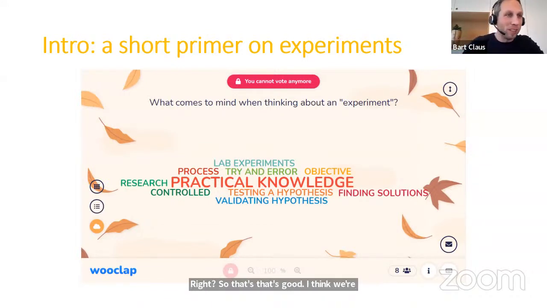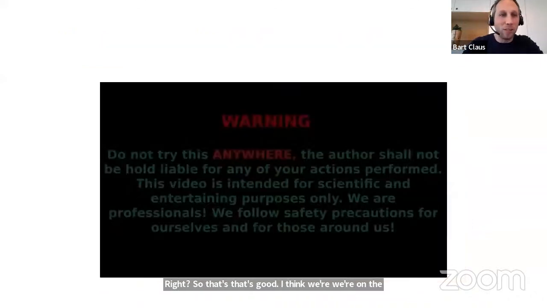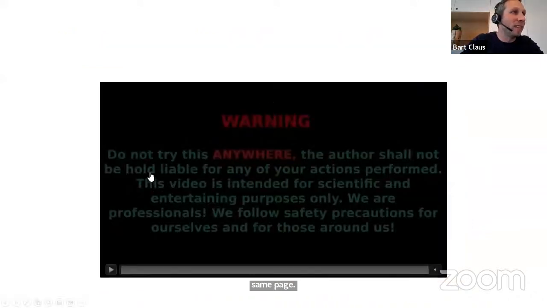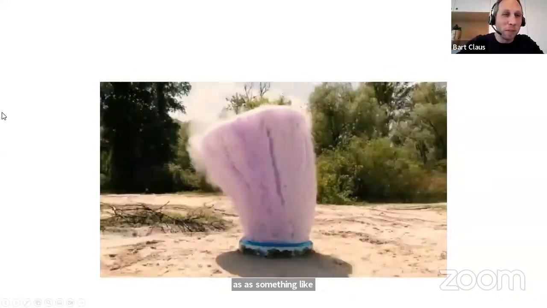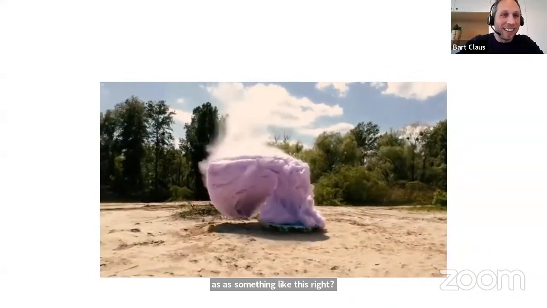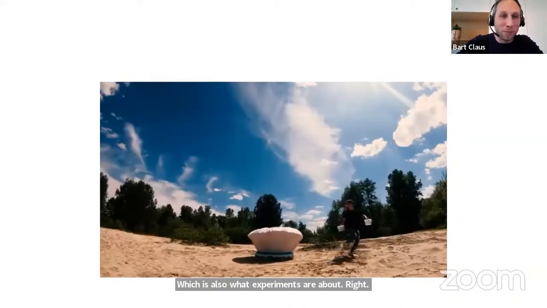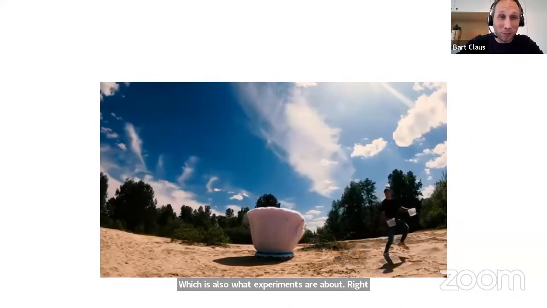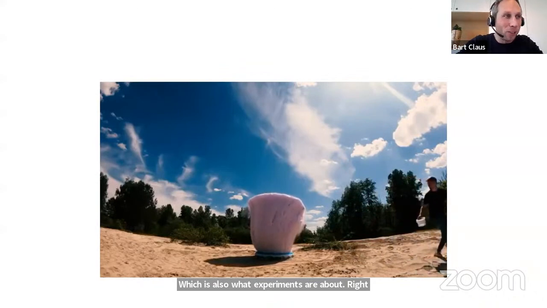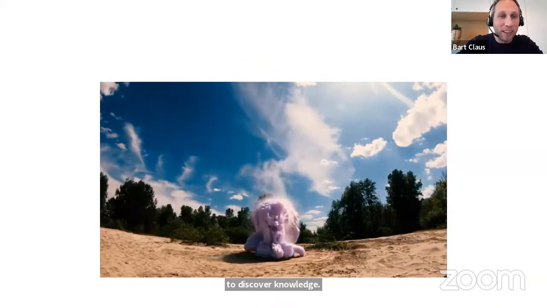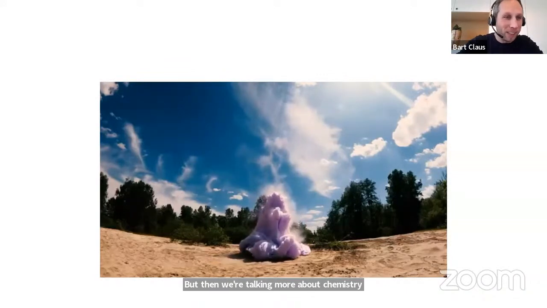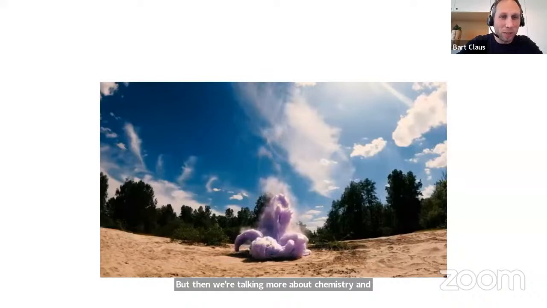What I wanted to avoid is that you think of experiments as something like this, right? Which is also what experiments are about, right? Experiments are very often used to discover things, to discover knowledge, but then we're talking more about chemistry and physics and domains related to that, maybe biology also a little bit.